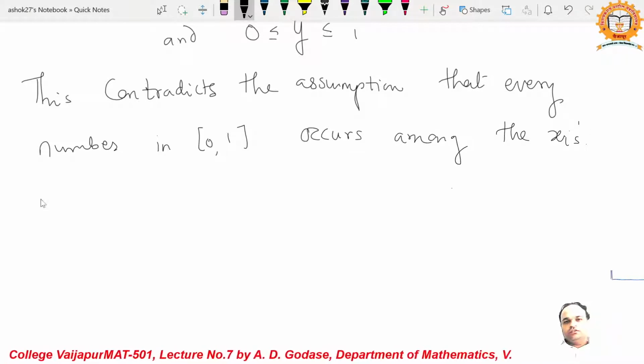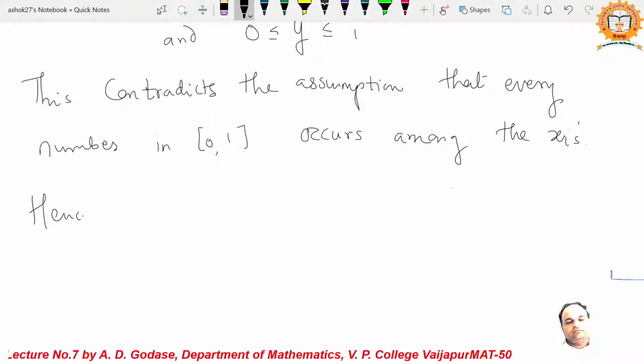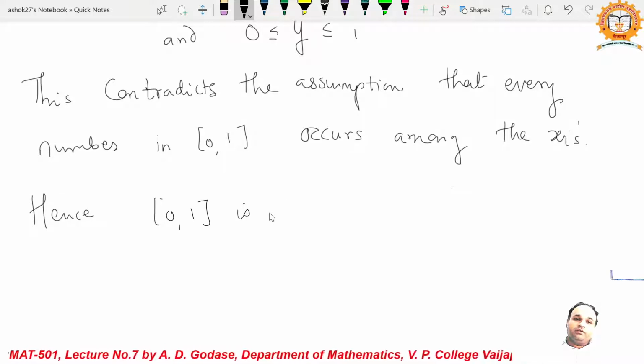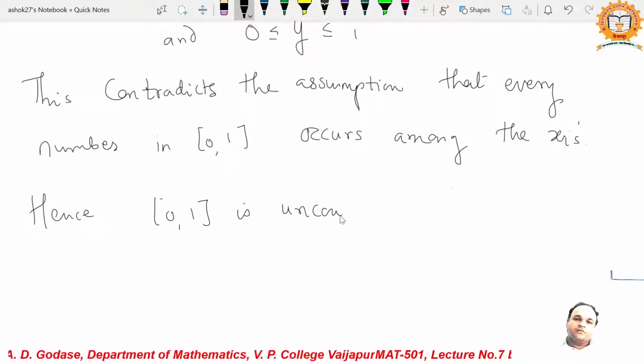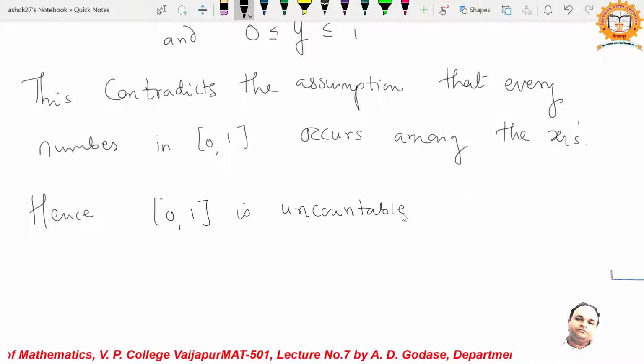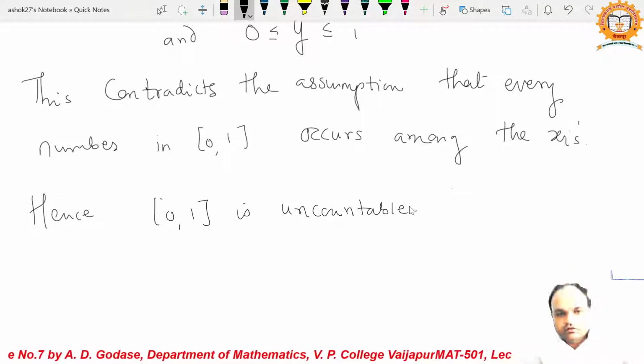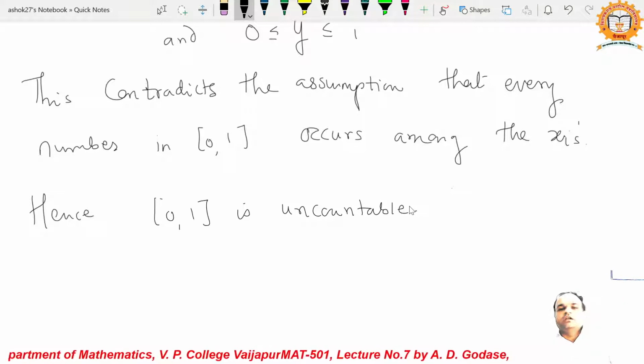So this is a contradiction, hence the closed interval 0 1 is not countable. It should be uncountable. So this is the solution. This is the proof of this theorem, that is, the closed interval 0 1 is always an uncountable set.